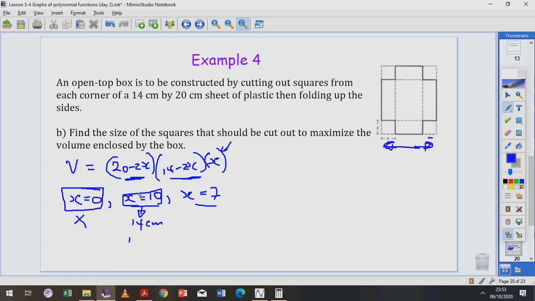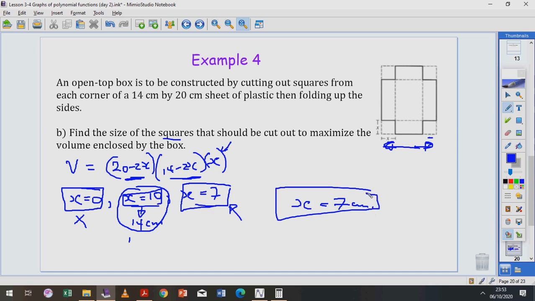So this 0 is also not going to be realistic. So the only 0 that's going to be realistic for this problem is x is equal to 7. So when the question asks find the size of the squares that should be cut out to maximize the volume enclosed by the box, my answer is going to be 7 centimeters, because fortunately it's the only realistic one for this problem.